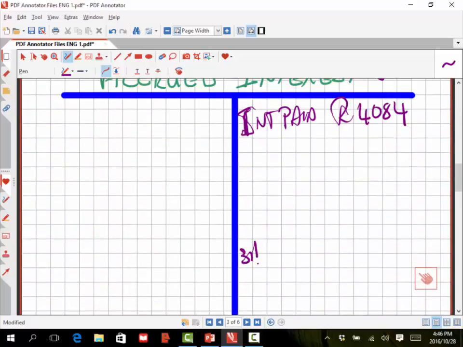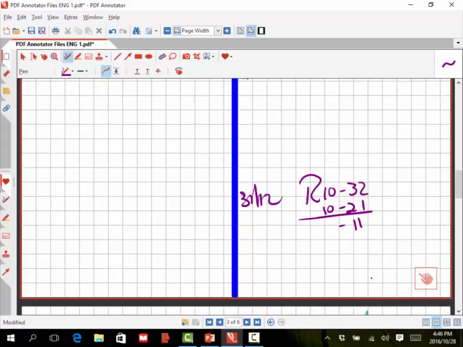So what we will do is now, on 31 December, we will take the 10.32, we will deduct the 10.21, and that will give us a difference of 11 cents. Now that is your adjustment. So you will take your 400 euros, which was your interest, times the 11 cents, and your adjustment will be 44 rands.